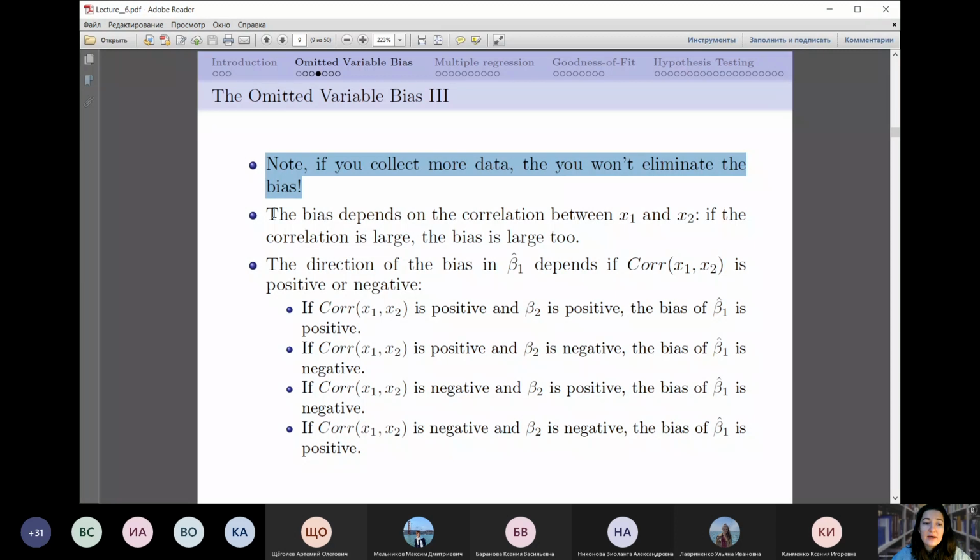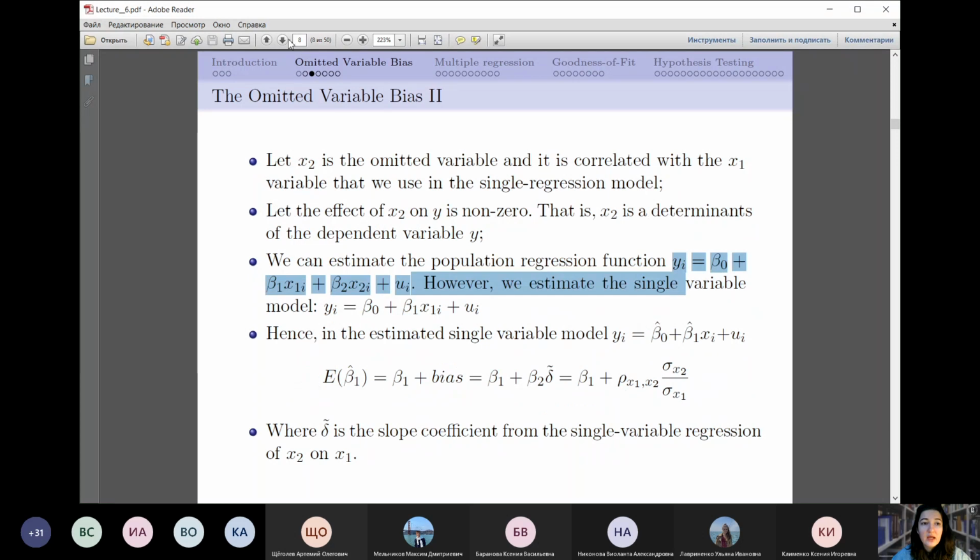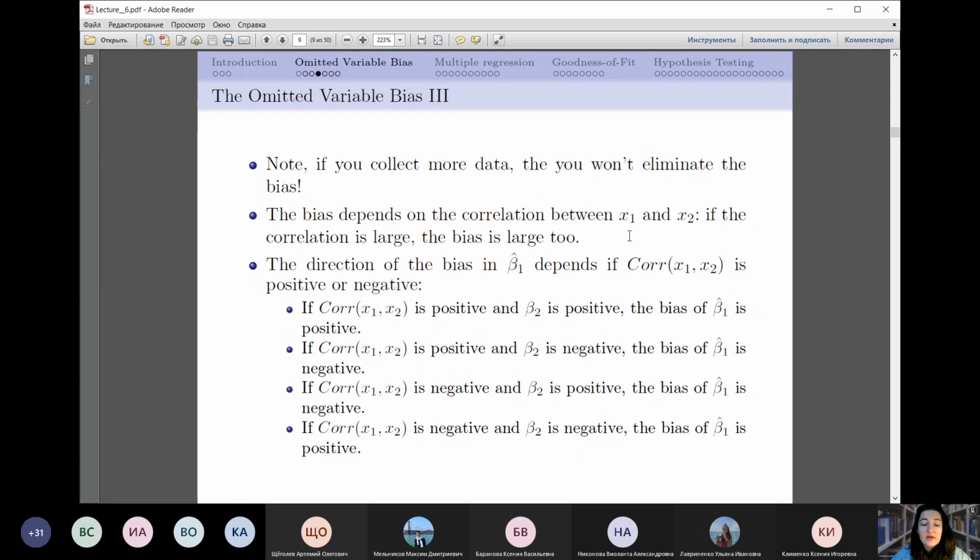But also, the bias depends on the correlation between x1 and x2. In our example, here could be not one subscript or two subscript, here could be any other numbers. It doesn't matter. We discussed the omitted variable bias on this example. So if the correlation between the independent variables is large, the bias is also large.